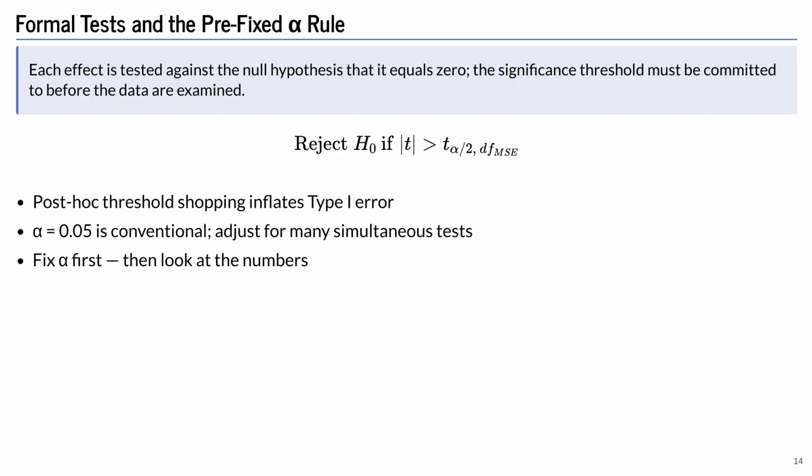The critical discipline here is that alpha must be fixed before you examine the results, not after, not by looking at the p-values and choosing a threshold that gives you the answer you want. Prefixing alpha is what keeps your family-wise error rate under control across all 7 tests. Alpha equals 0.05 is the conventional choice, and we will use it here. Fix the rule, then look at the numbers, never the other way around.